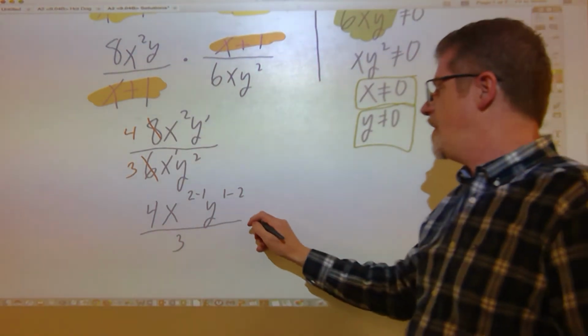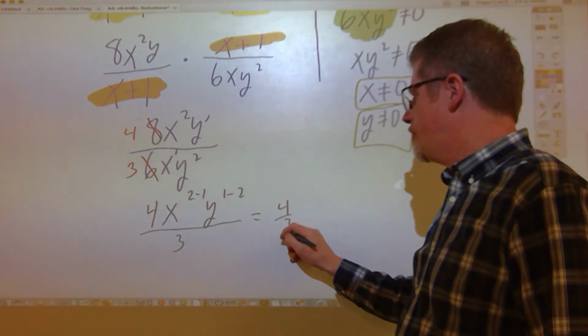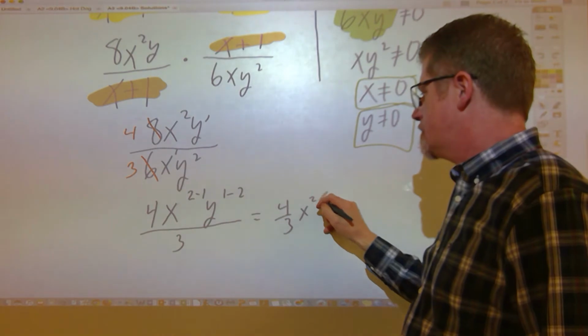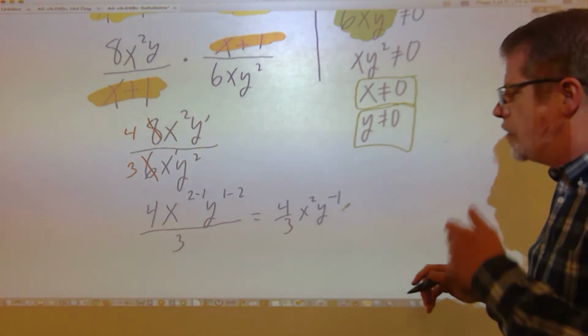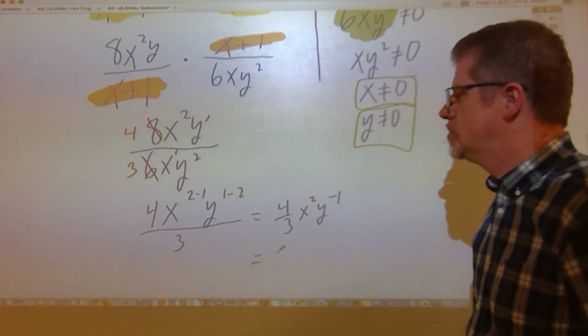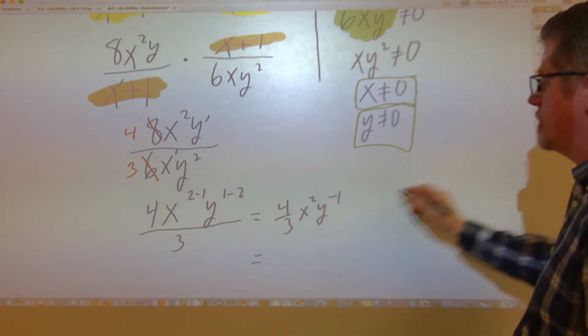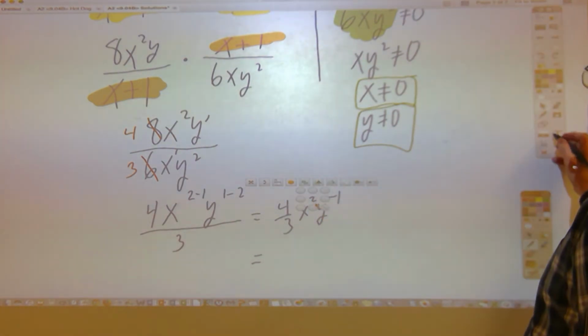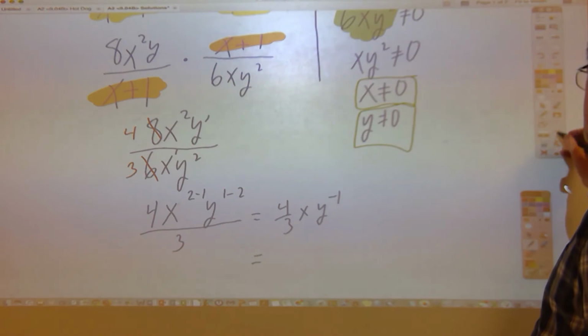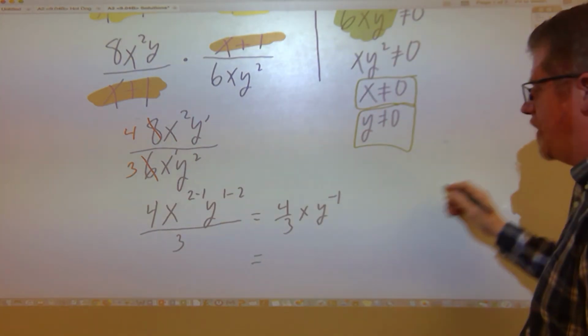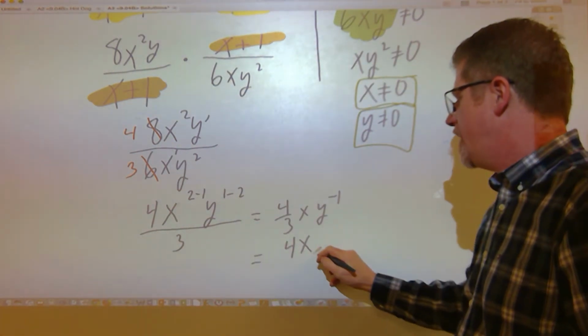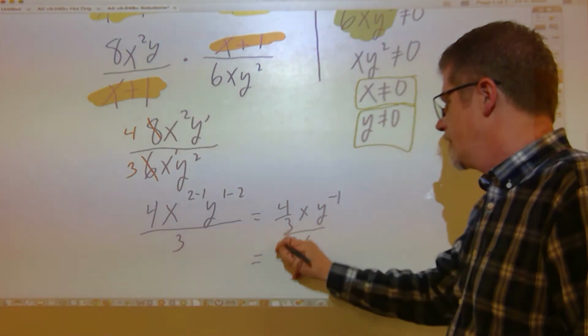When we simplify this, I can write it as 4/3 x to the first y to the negative 1, but we generally don't like negative exponents, so the final answer that I would recommend would be 4x over 3y.